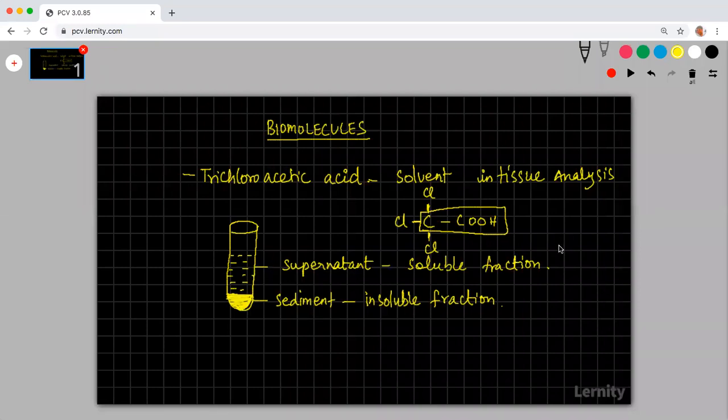The soluble fraction usually contains what we call micromolecules. The hydrogen is replaced by chlorination. And this part usually contains macromolecules.